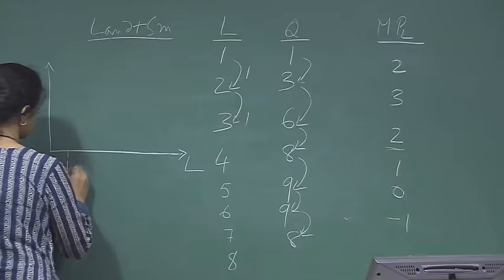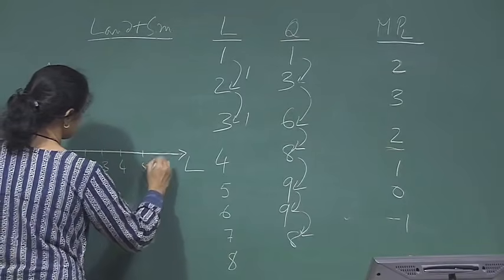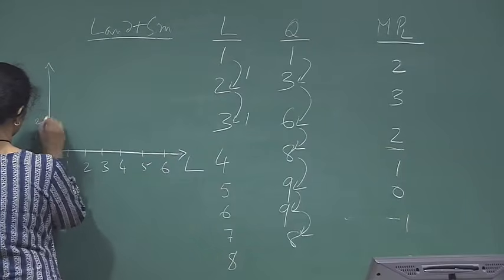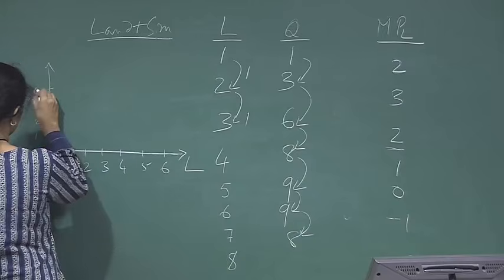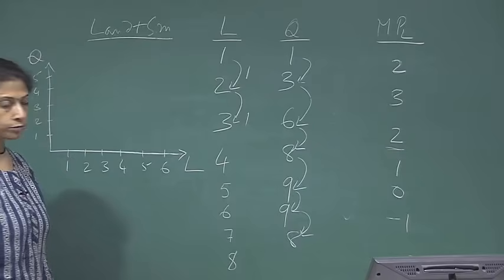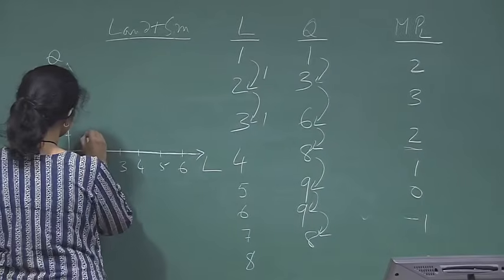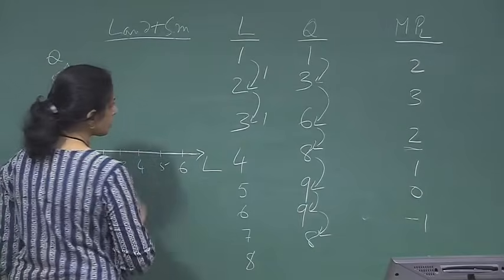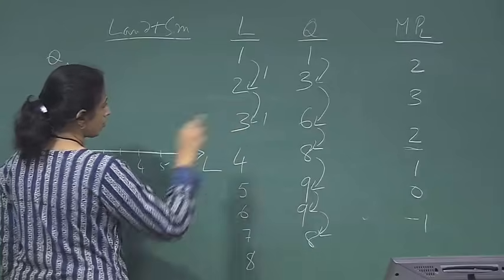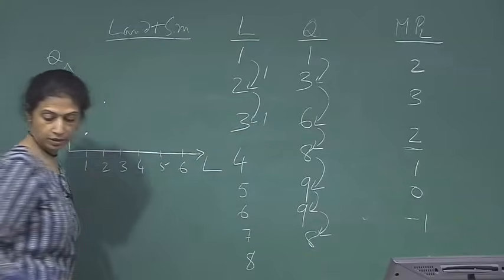So say 1, 2, and here is the output that he is getting out of every additional hiring. For the first person he gets 1 unit, for the second person he gets 3 units, for the third person he gets, sorry, let me extend it.